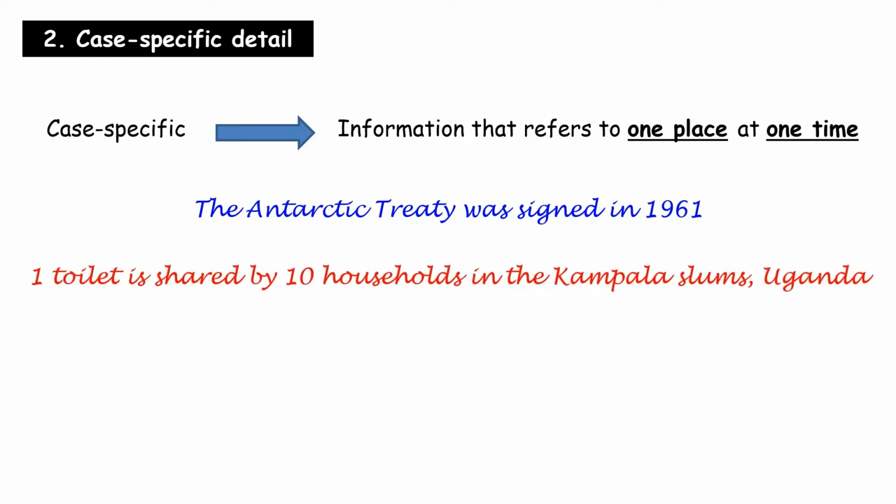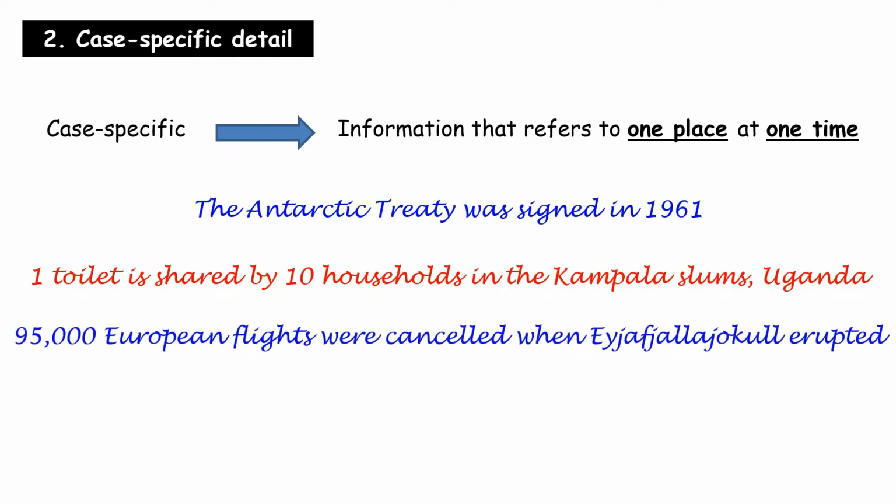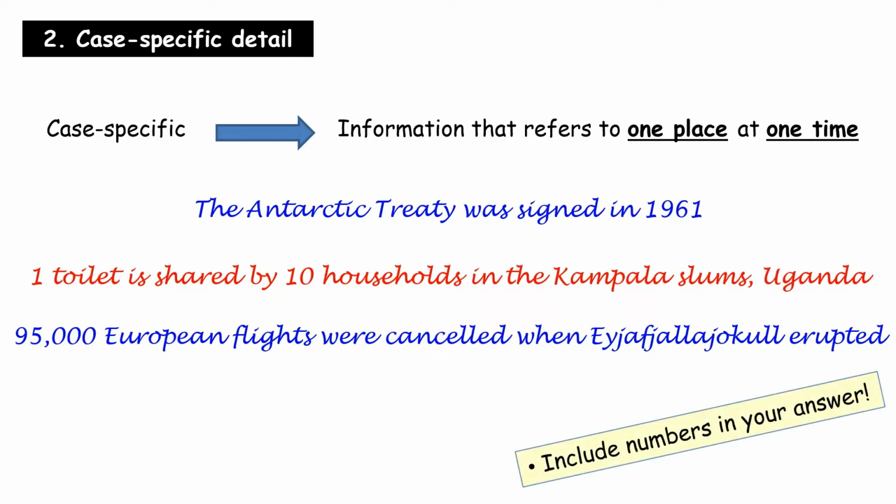One toilet is shared by 10 households in the Kampala slums in Uganda, case specific. And 95,000 European flights were cancelled when the volcano Eyjafjallajökull erupted in Iceland, case specific. So when you're revising, learn some numbers that you can put into your answers.